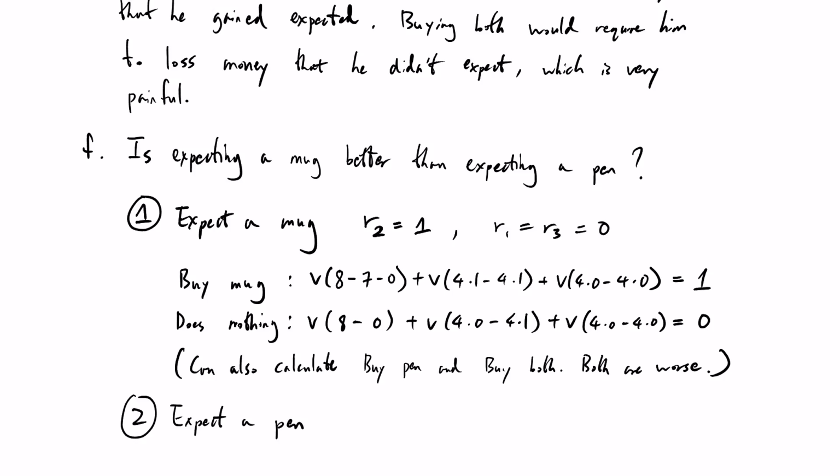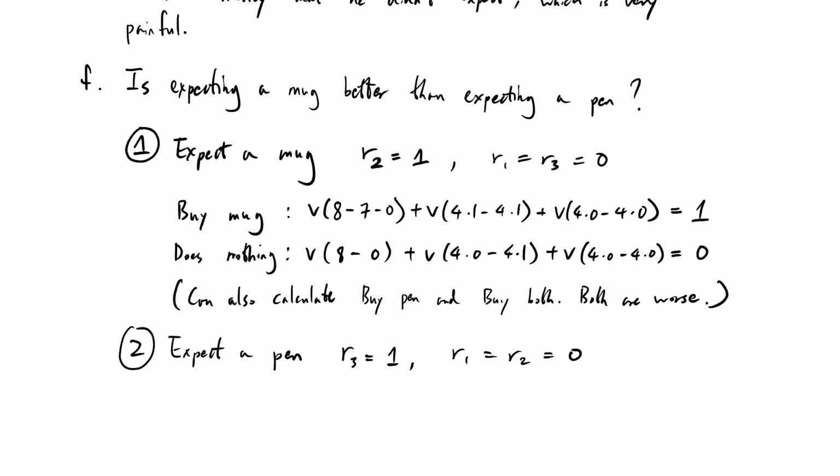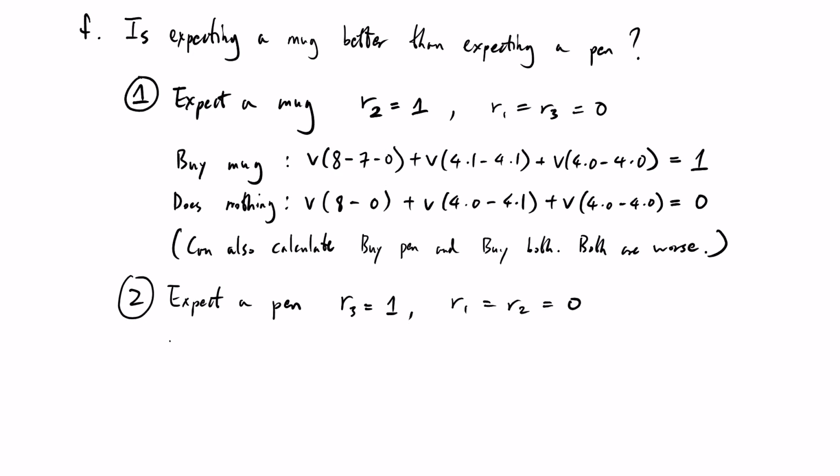Number 2, expect a pen. What if he expects a pen? That means R3 is 1, R1 equals R2 equals 0. So buy pen, he's spending $6. He's not getting a mug that he's not expected to get.